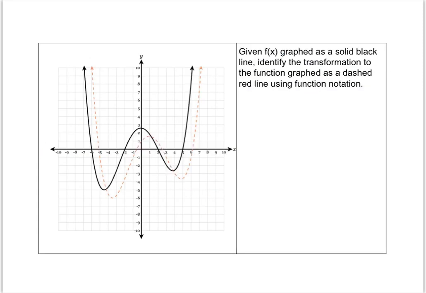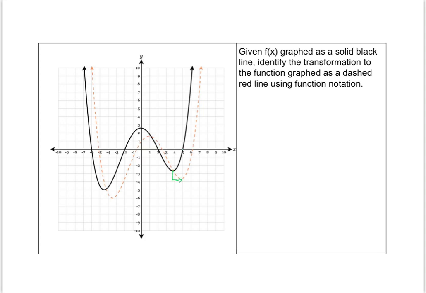Another skill that we need to be able to use is to identify what transformations are happening based on a couple graphs. The first thing I notice when I look at this is that the spacing between the two graphs looks pretty consistent. It doesn't look like these graphs have been stretched to go from one to the other. The second thing, let's say that point's kind of hard to see.